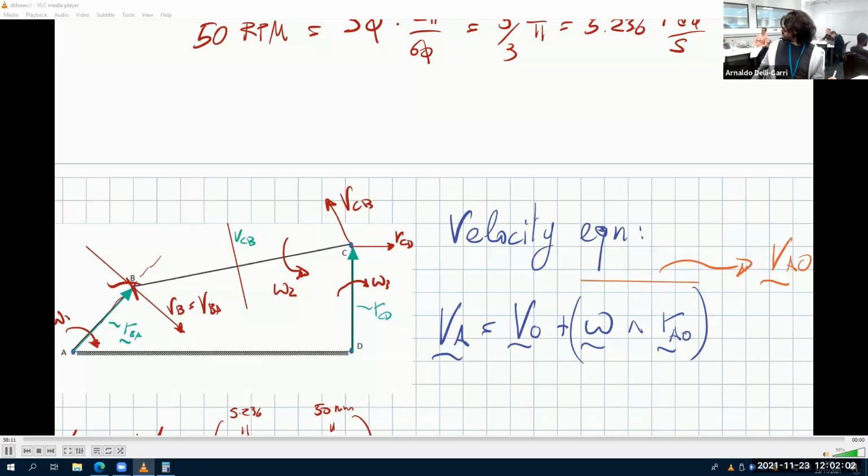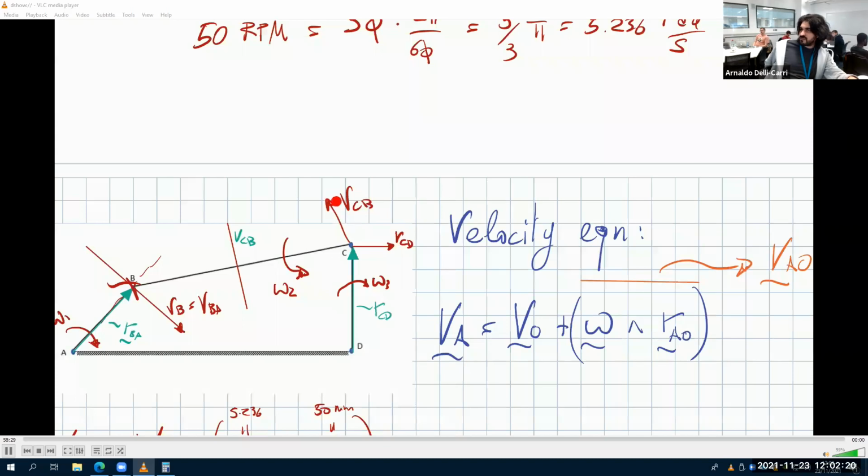Omega 2 is confusing with that. So if B is fixed, the velocity of C with respect to B is this.